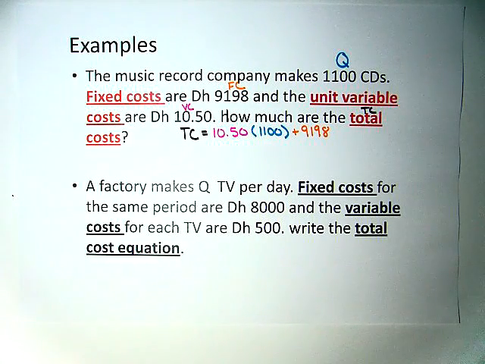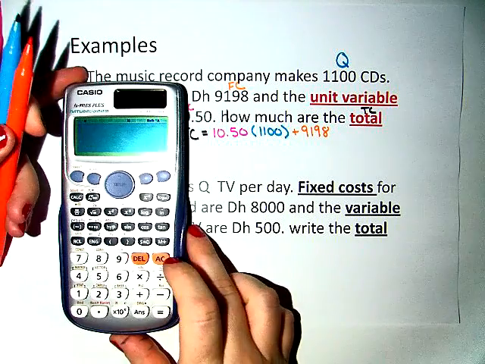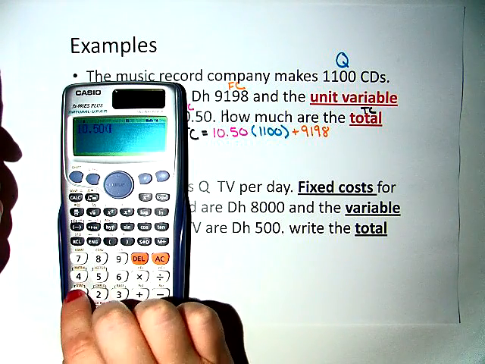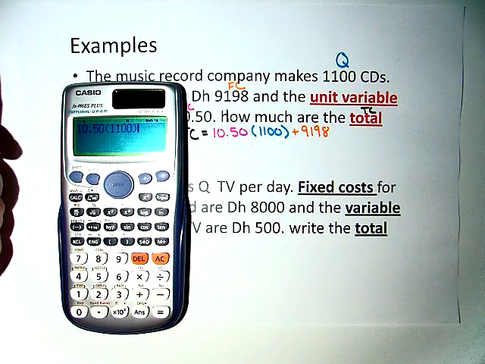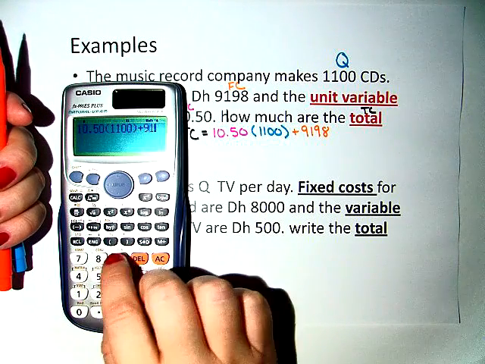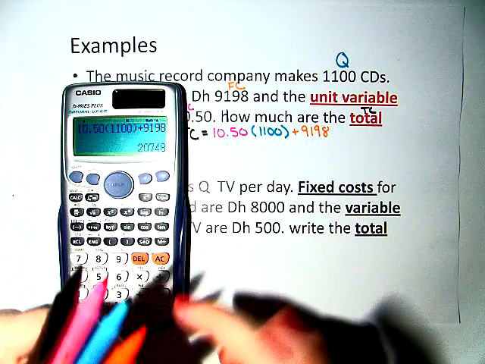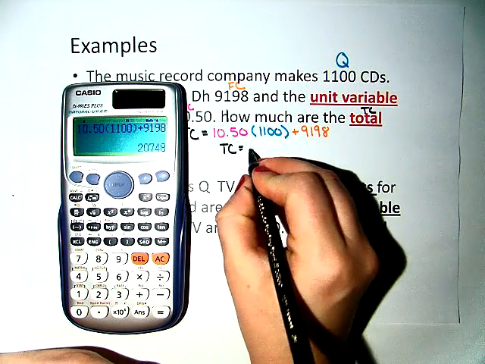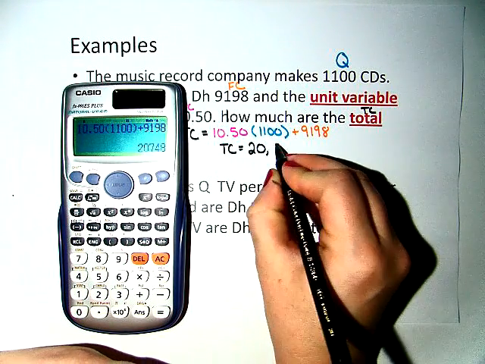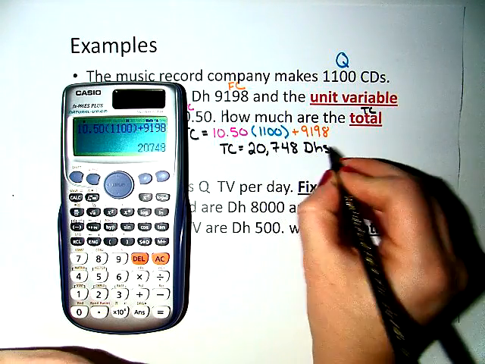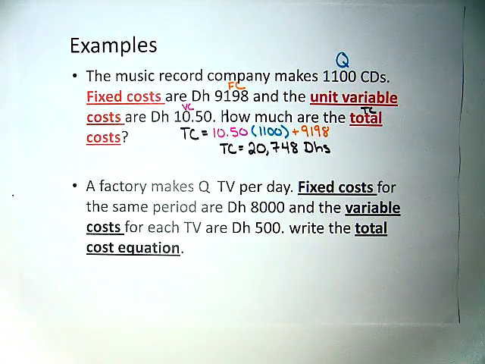So we're going to put it in the equation just as it looks into the calculator. 1050 parentheses 1100. You could just say multiply by 1100 if you wanted. Plus 9198. And that would mean that my total cost is 20,748 dirhams. Okay, so let's try the next one.